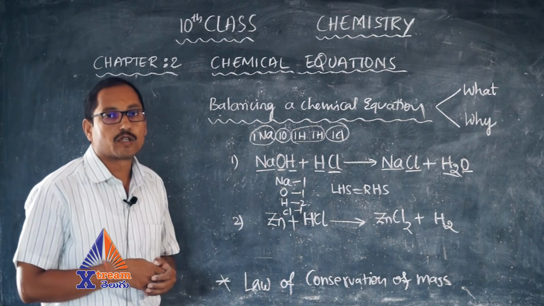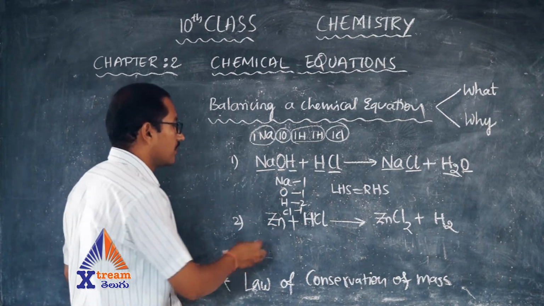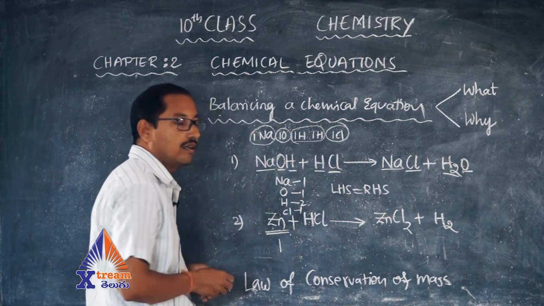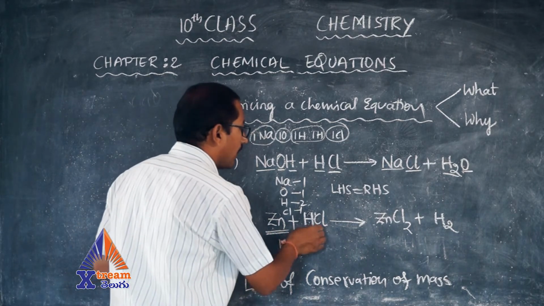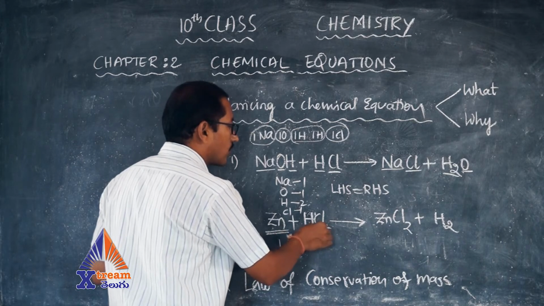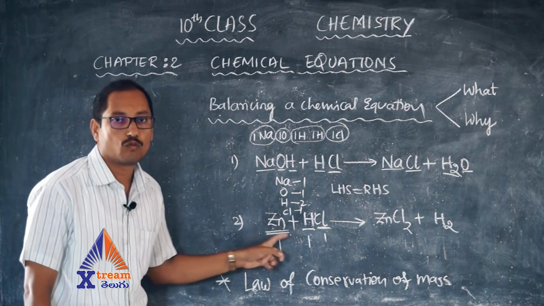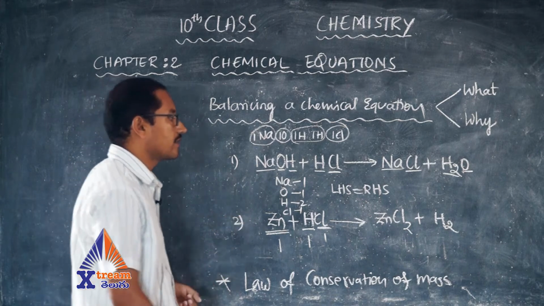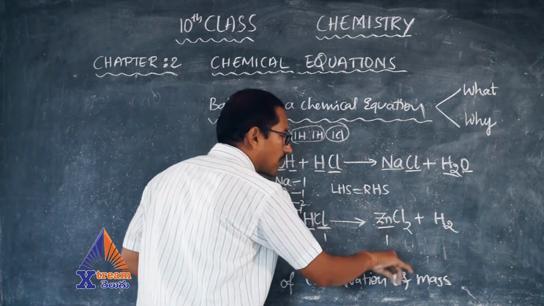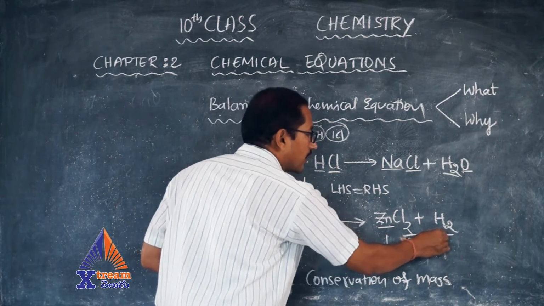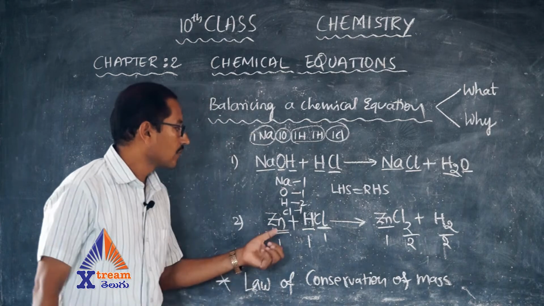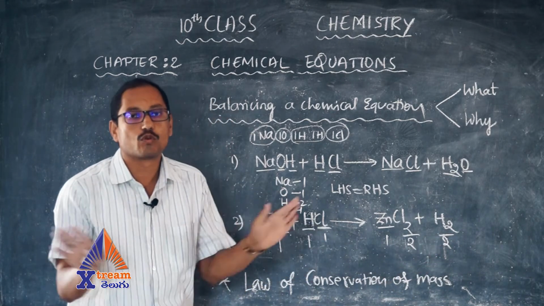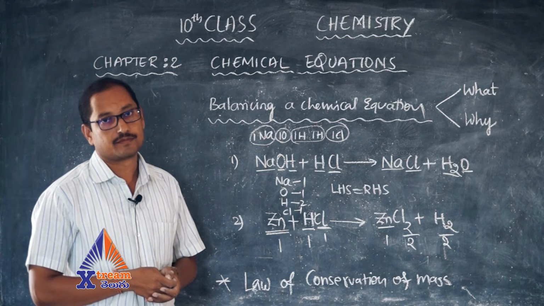Here, equation number 2, let us concentrate. Zinc has 1 atom, hydrogen 1 atom, chlorine 1 atom: 1, 1, 1. Each element is 1 in number. On the other side, zinc is 1 in number, chlorine is 2 in number, and hydrogen is 2 in number. Here you don't see any balance.